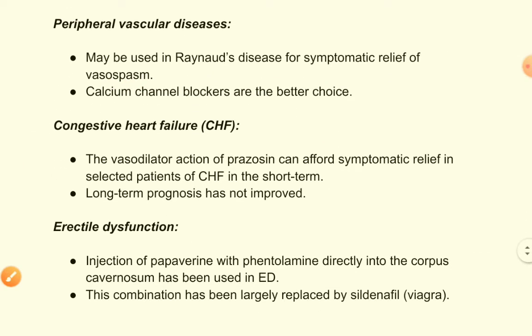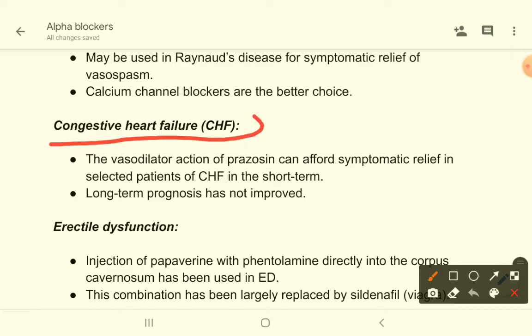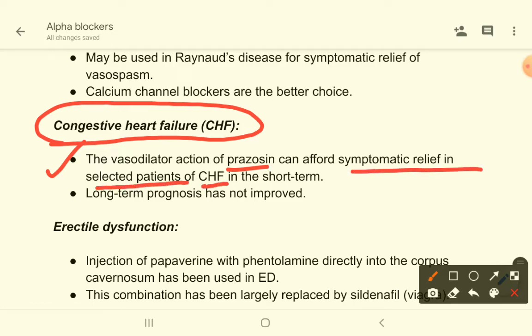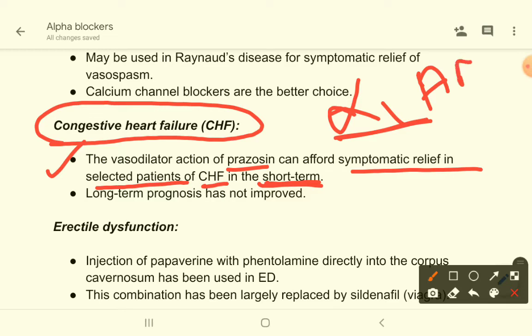These drugs can be used in congestive heart failure. The vasodilator action of prazosin can afford symptomatic relief in selected patients of congestive heart failure in short term. These alpha 1 blockers can lead to vasodilation both in arteries and in veins.